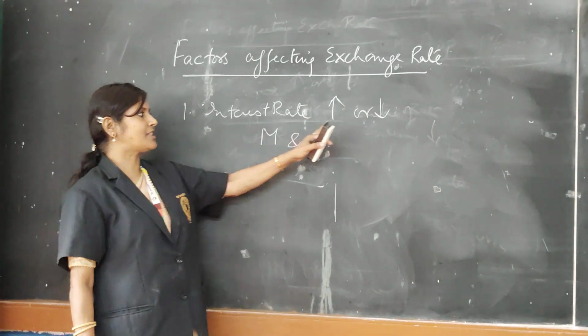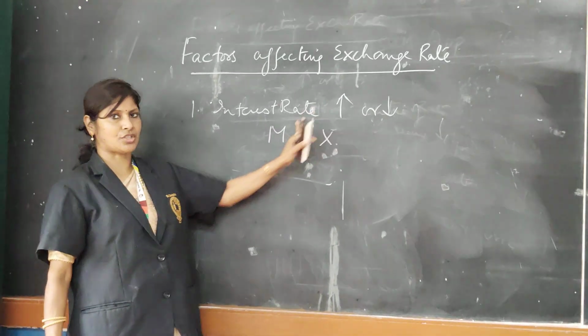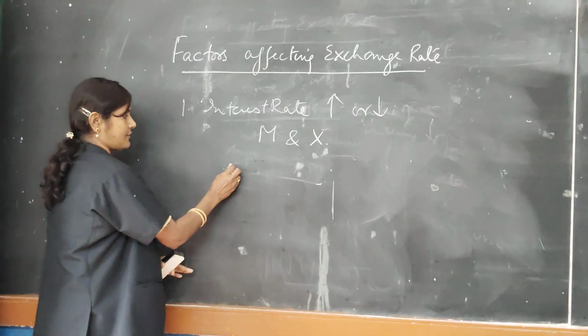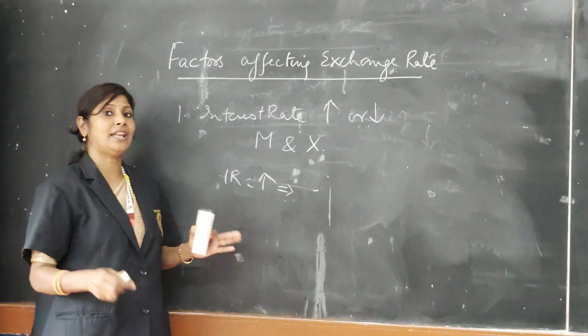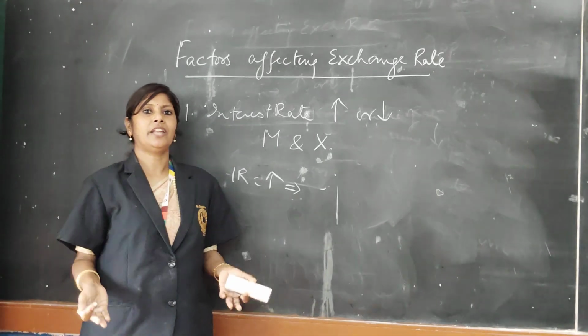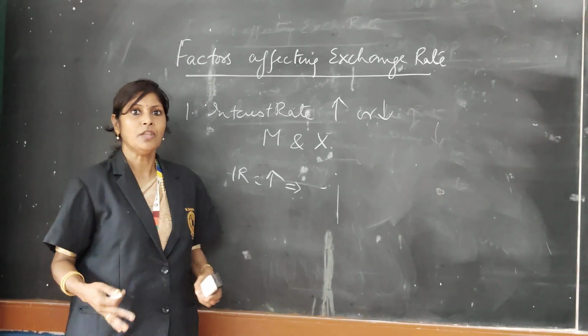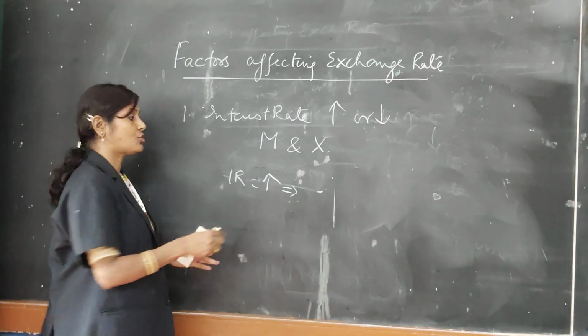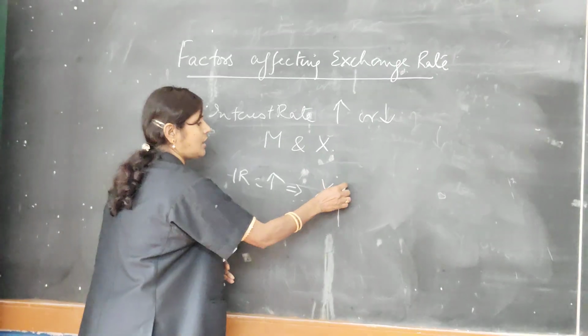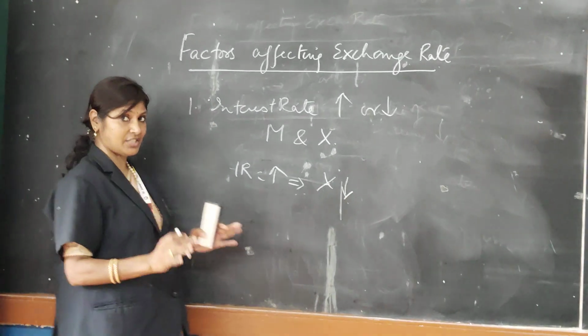So say, for example, in this particular factor, the interest rate increases. When the interest rate increases, what happens? That is the lending rate. When an exporter comes for borrowing money, he is charged an additional interest rate. So what happens to the exports? Exports will come down, they will decrease.